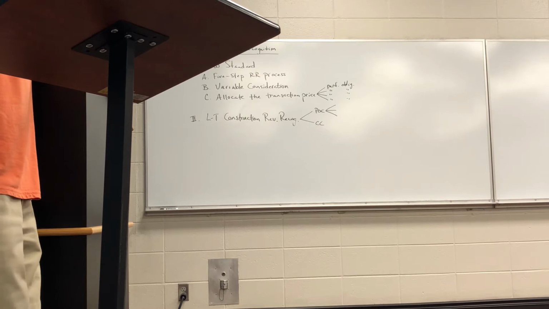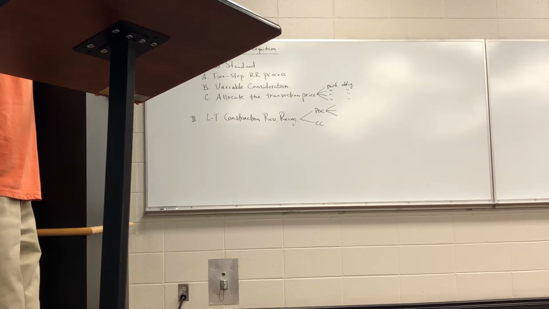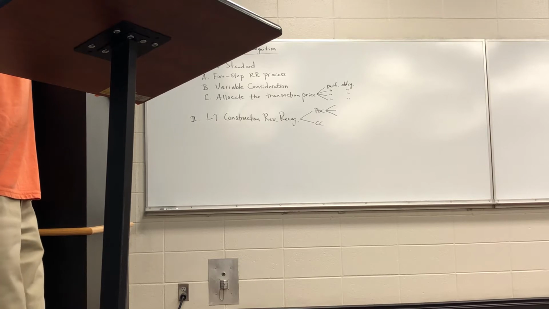What was number 2? Determine the percentage complete at each year end. And then number 3, based on those first 2, determine the income statement data for the current year.